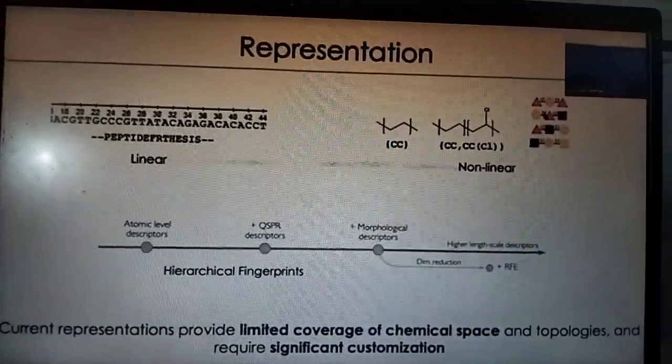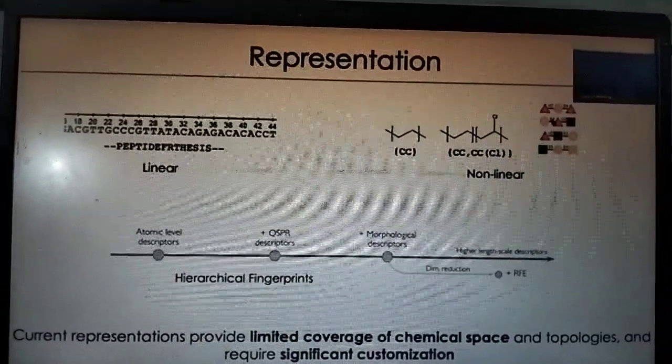The representations of these are linear and non-linear.